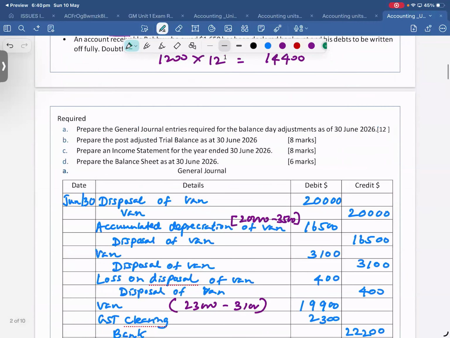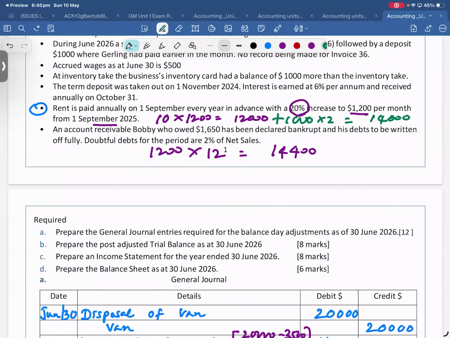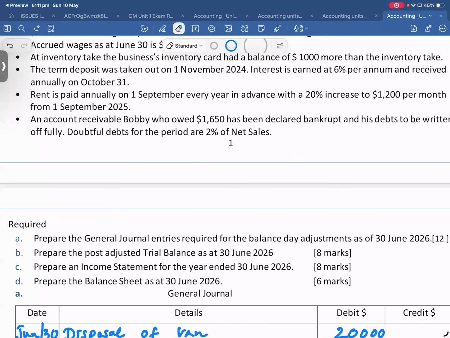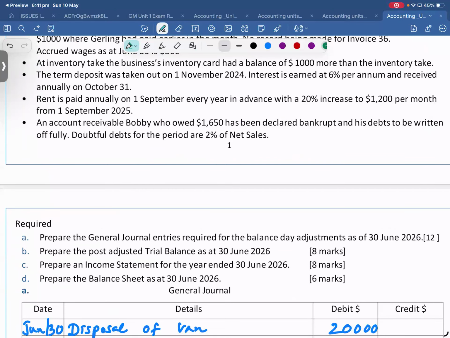What's the double entry for the 1650? Debit bad debts expense, debit GST, credit accounts receivable. Allowance for doubtful debt, credit.